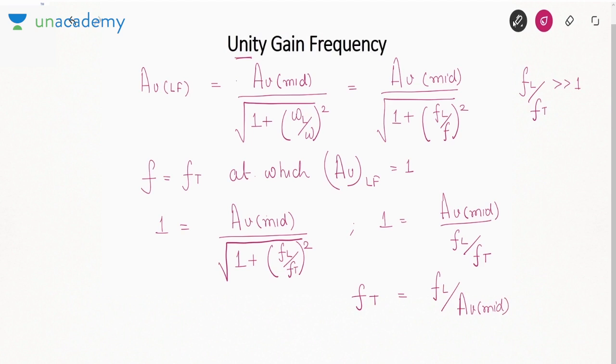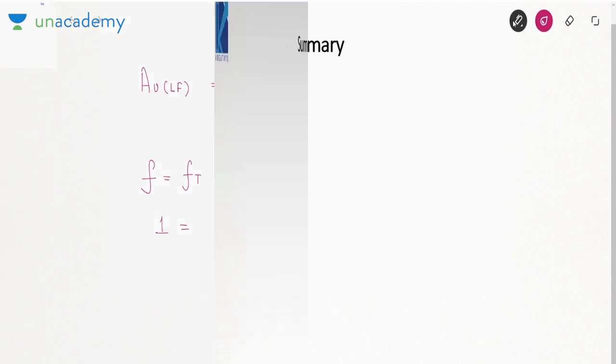Okay, this frequency is called your unity gain frequency. So no need to remember anything. Unity gain frequency is nothing but the frequency at which gain becomes 1.